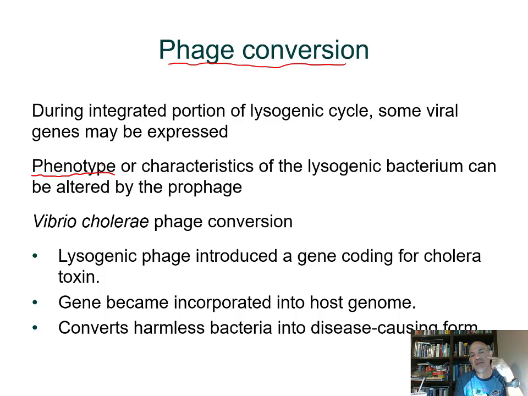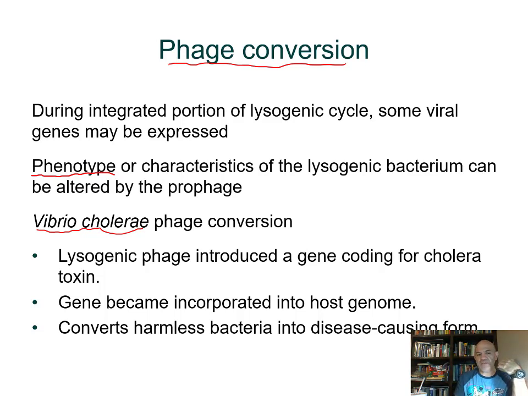In some cases, the products of the viral genome are toxic to some other organism, right? They give an example with a bacteria called Vibrio cholerae. This one causes a disease called cholera, which infects the lining of your intestine and causes severe diarrhea, and death can happen from this. This is usually in places where there's not good sanitation and water is contaminated, and people who live in those areas don't have a choice, and they drink the water and get sick.